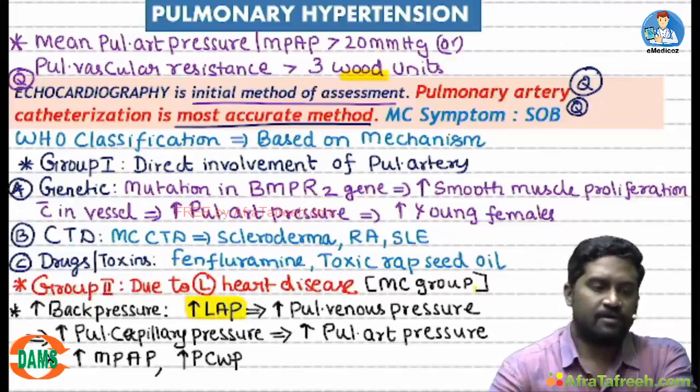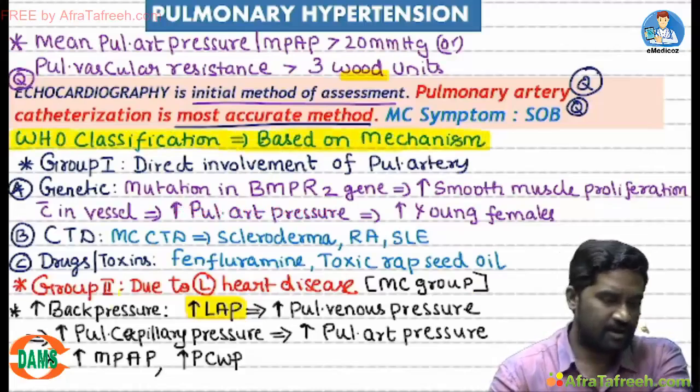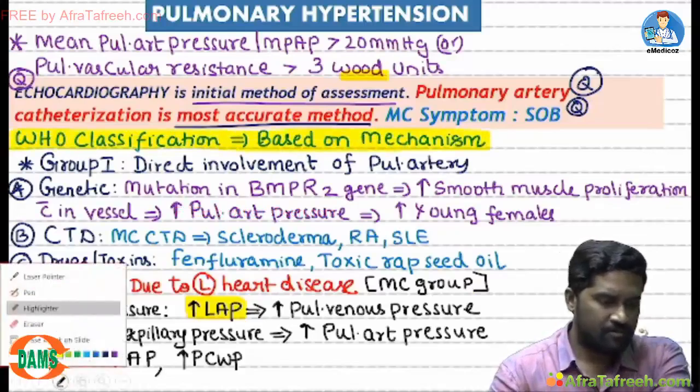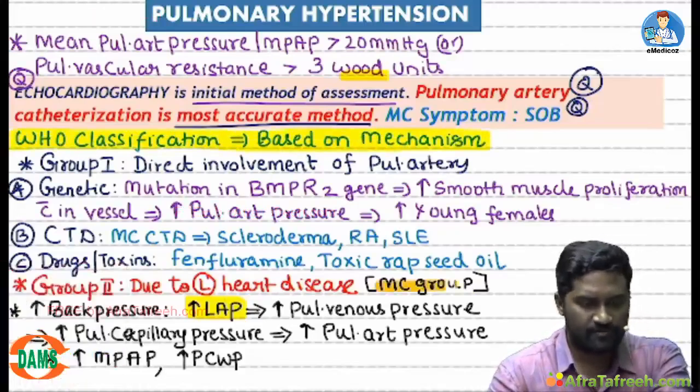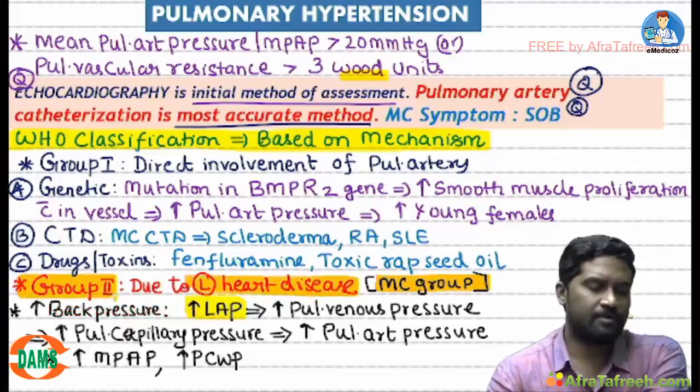Now we know that WHO has given a classification based on the mechanism. Out of all these groups, if they ask you what is the most common group, your answer should be group 2. The group associated with left heart disease, your answer should be group 2.